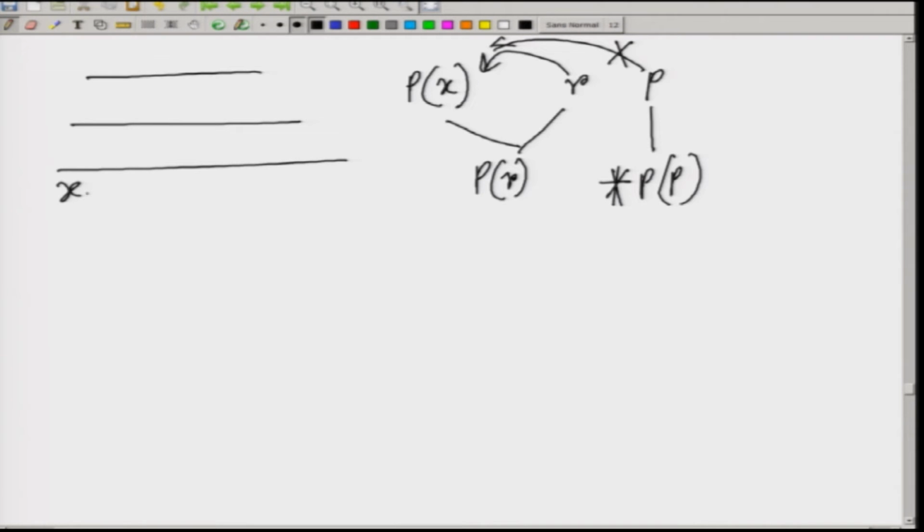For example, x 1 through z 1 and r s t, where r is Russell, and then we have x 2 through z 2, and then you have p philosopher, man, woman, and you have x 3.